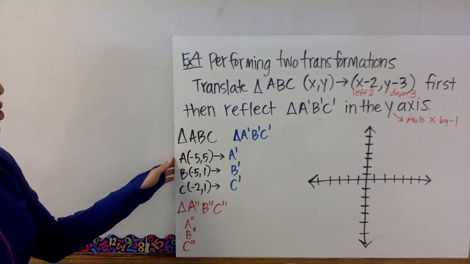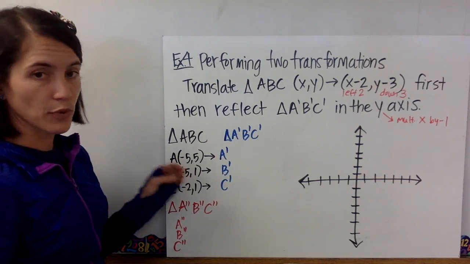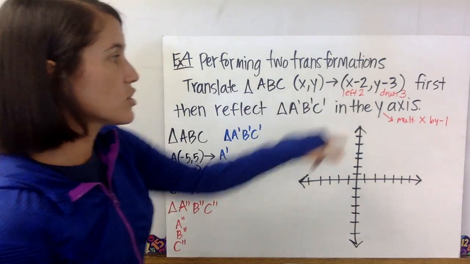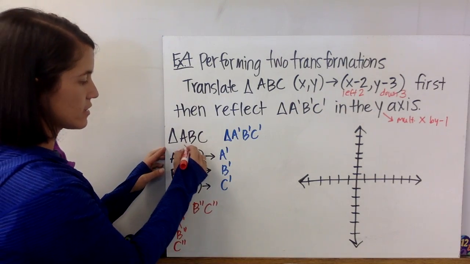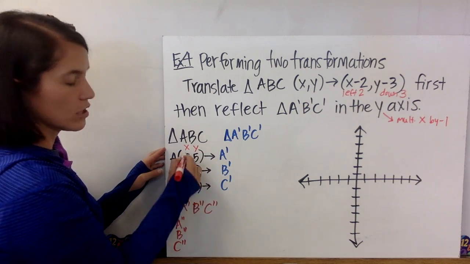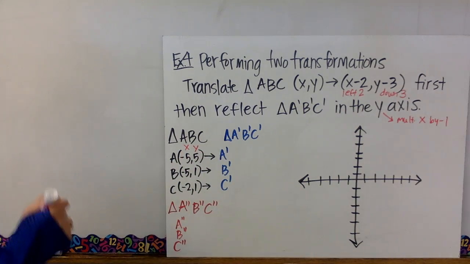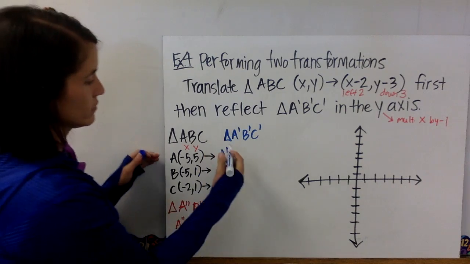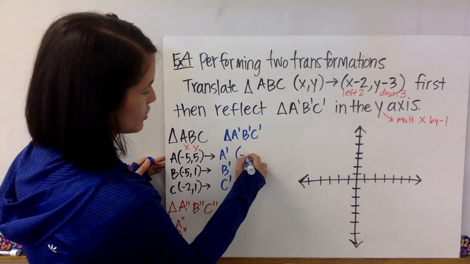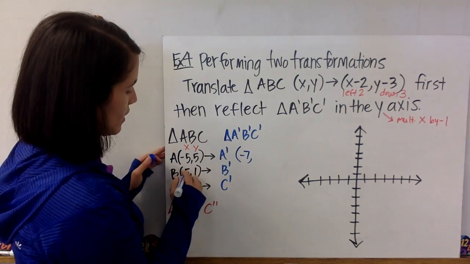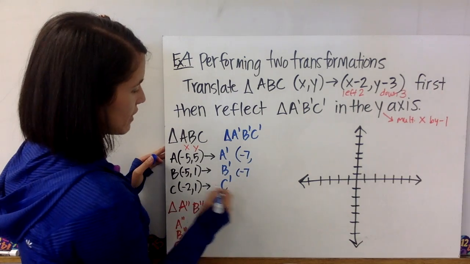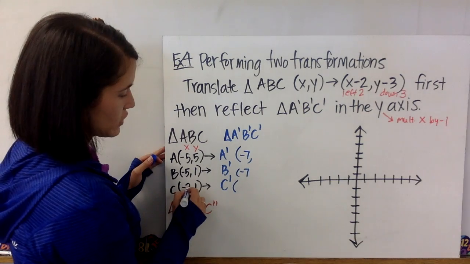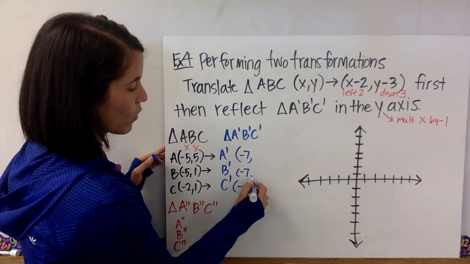All right, because of time, I'm going to show you the algebraic rule. Minus 2, so that means these are our x and our y. All of our x coordinates we need to do minus 2. So negative 5 minus 2 would be negative 7. Negative 5 minus 2 would be negative 7. And negative 2 minus 2 would be negative 4.